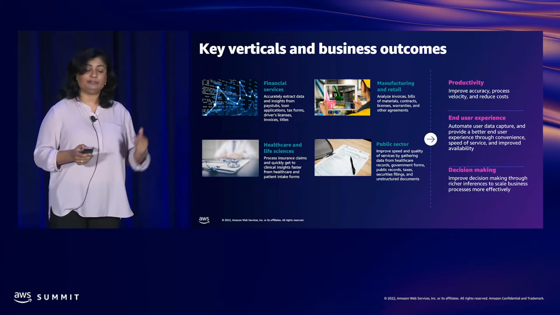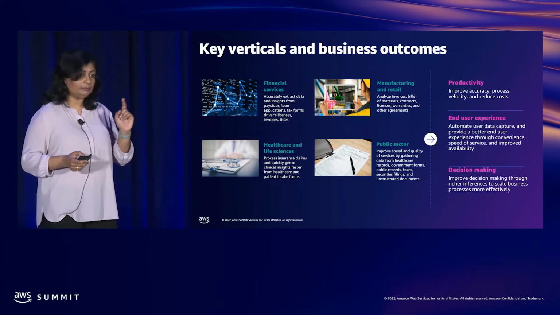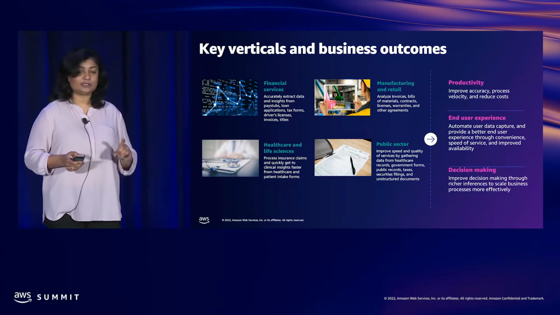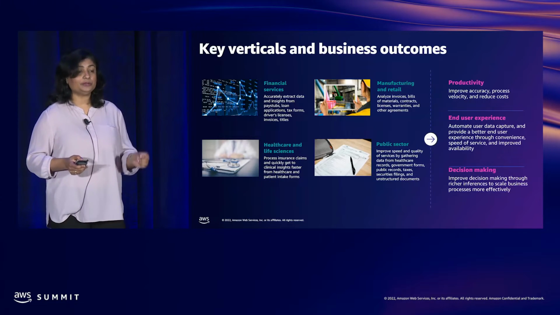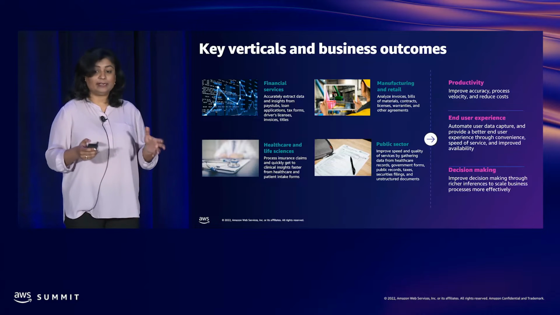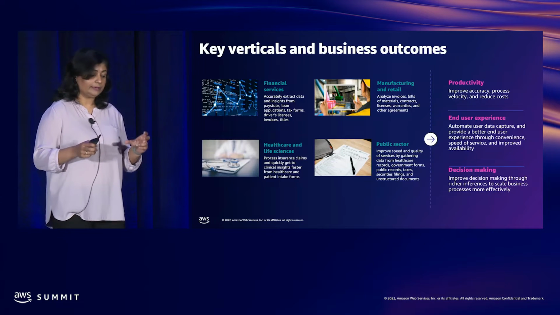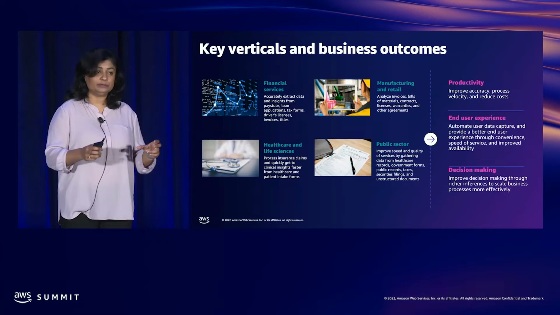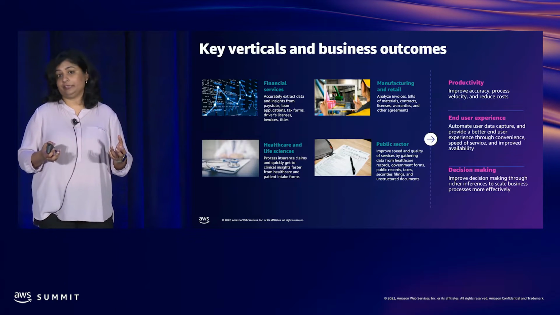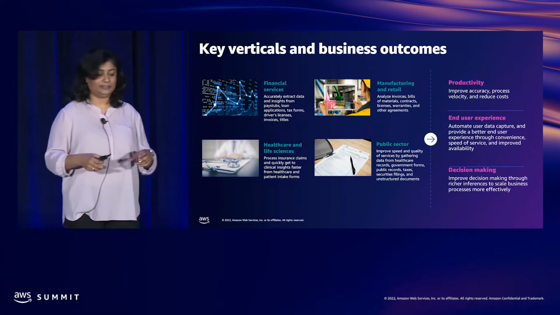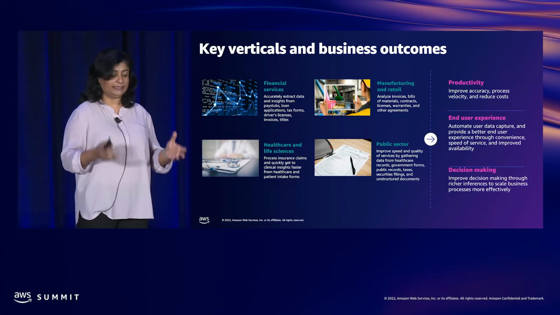And the value that they find is, one is productivity, improved accuracy, process velocity, and reduction in cost. Second, they're improving the end user experience. That's because they are able to now do a data capture right there and provide that information right there to the user so that they can confirm if they need to, in case of an identity verification. If you take a picture of an ID doc, you get that information, they can confirm it.